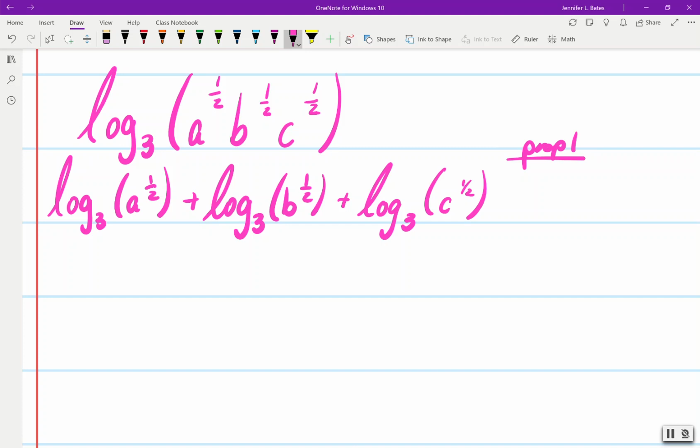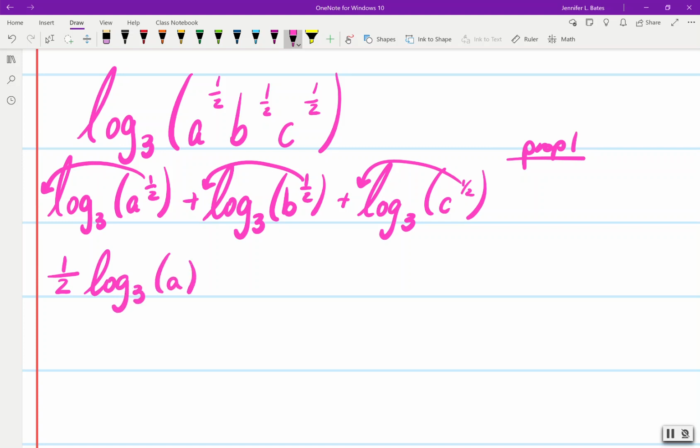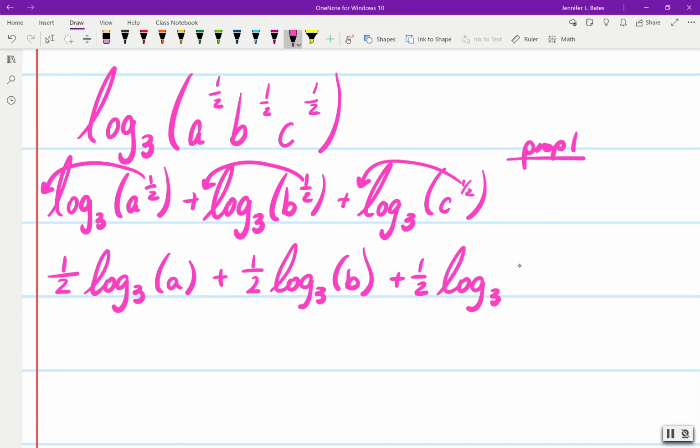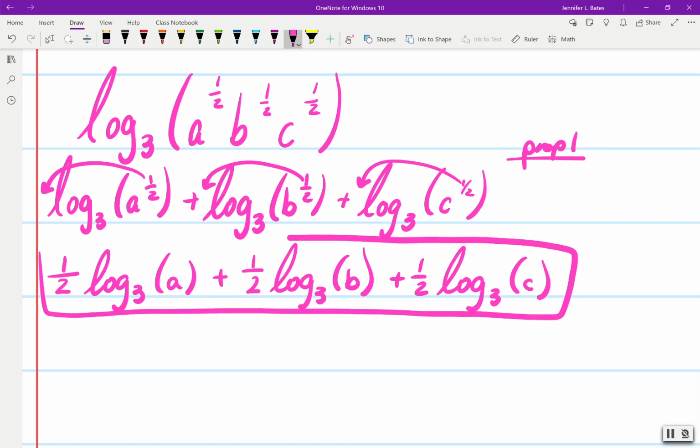Log property 3 says I can take an exponent and drop it out front as an exponent, or I'm sorry, as a coefficient. So now we would call this fully expanded.